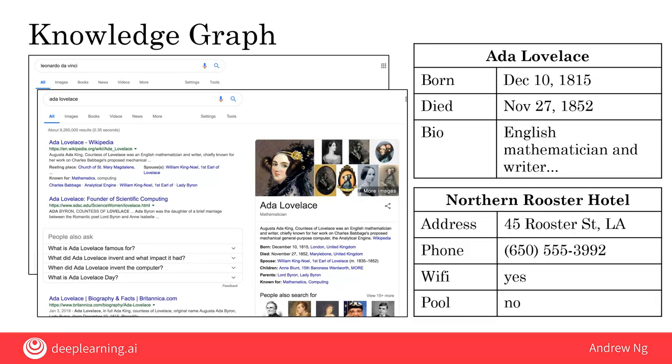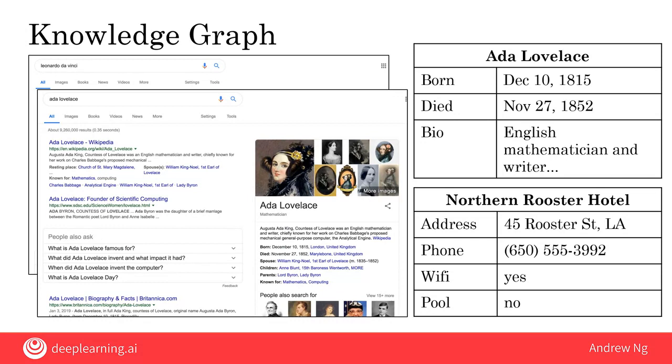For example, a knowledge graph with hotel information may have a big database of hotels as well as key information about these hotels, so that if you look them up on a map, you can find the right information relatively quickly. The term knowledge graph was initially popularized by Google, but this concept has spread to many other companies.